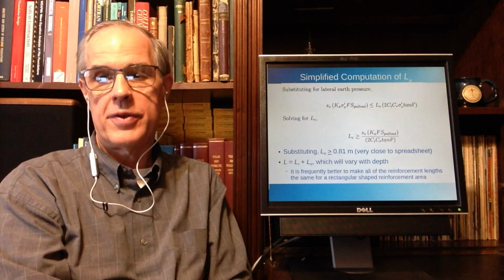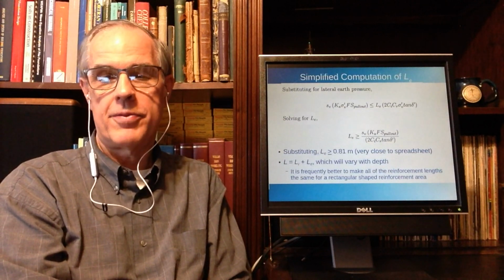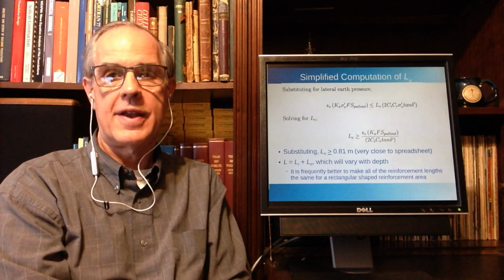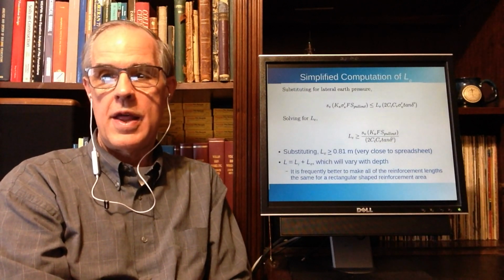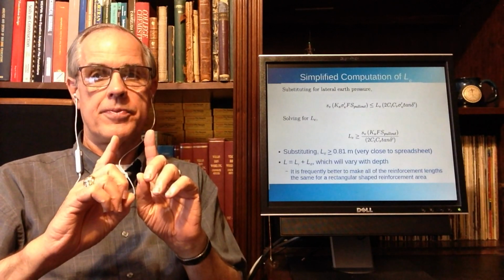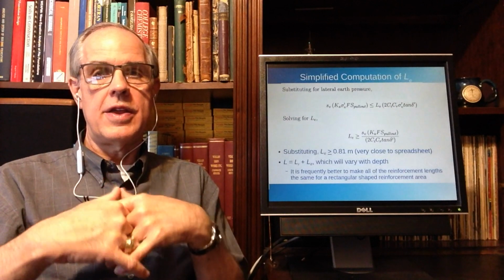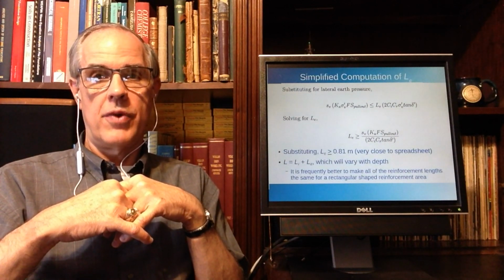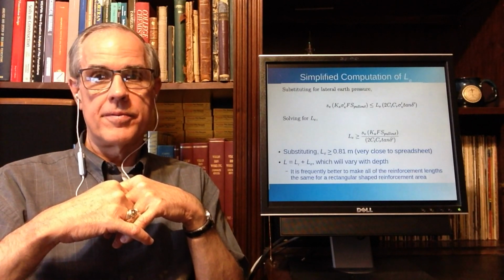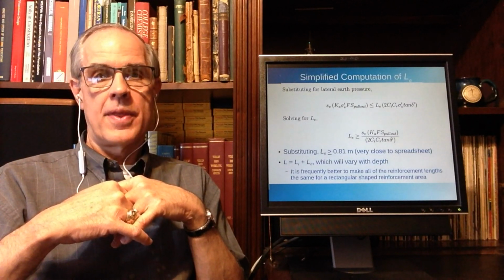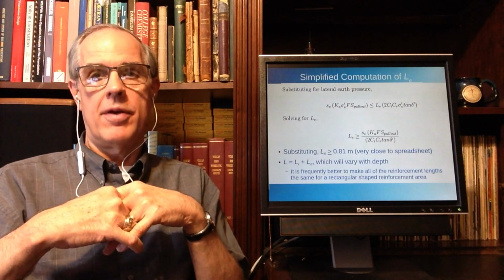Then L is equal to LR plus A, which will vary with depth. And as I said, it's frequently better to make all the reinforcements the same length to get a nice rectangular shape. Another thing you probably noticed is that the factor of safety while overturning is fairly low. And you ask yourself, well, that's not good. No, it's not good. What it tells me is that there's not enough weight in the reinforced backfill to balance the wall.